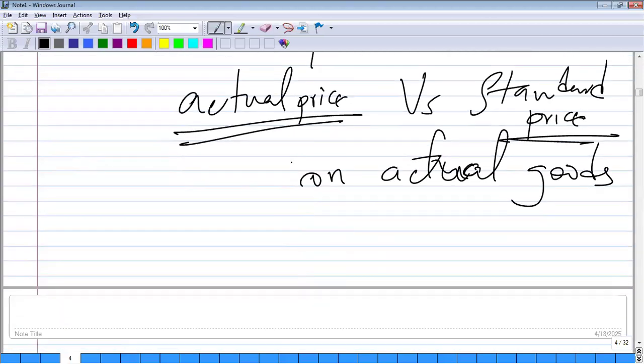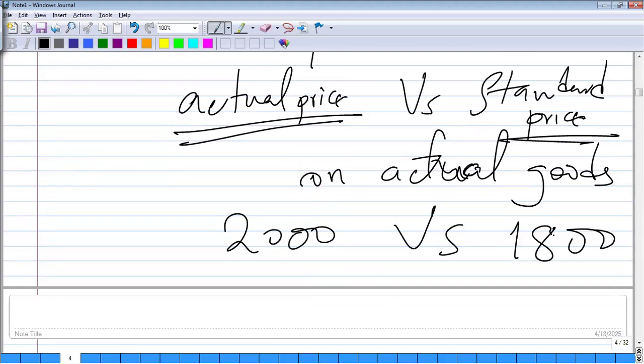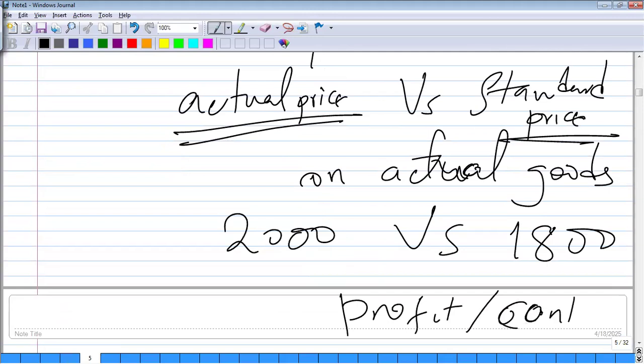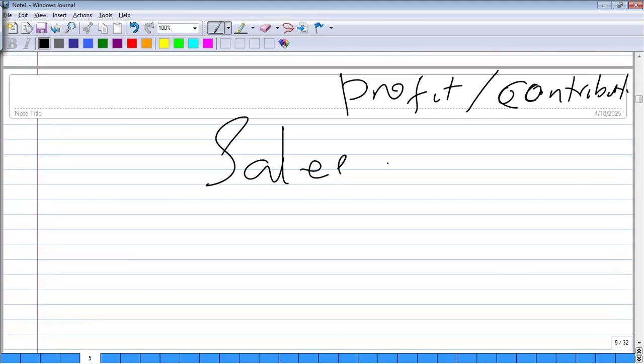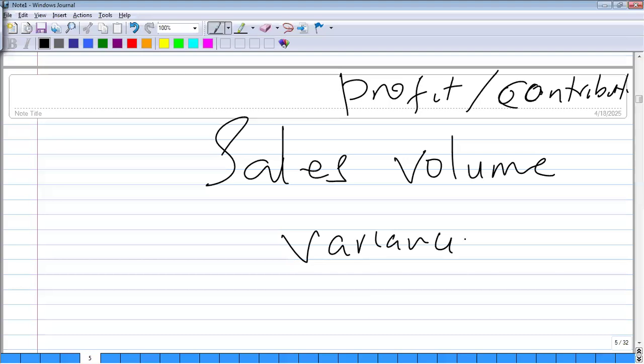For example, you budgeted to sell at 2,000, but you have sold at 1,800. All these strategies you undertake will have an effect on your profit or contribution. Then the other is the sales volume variance. For the sales volume variance, we are looking at the impact of a change in the quantity sold on either profit or contribution.